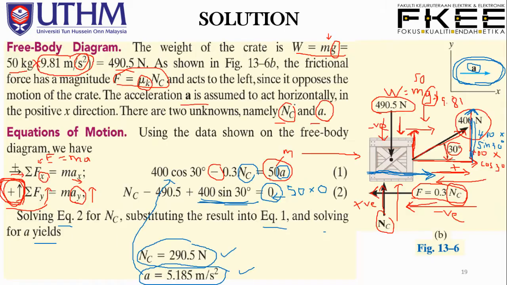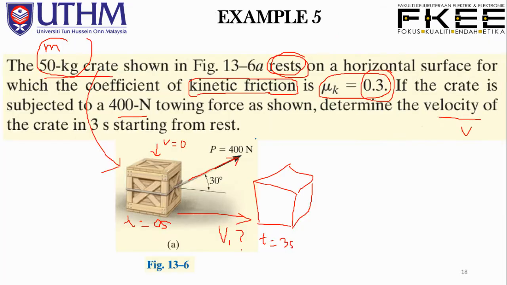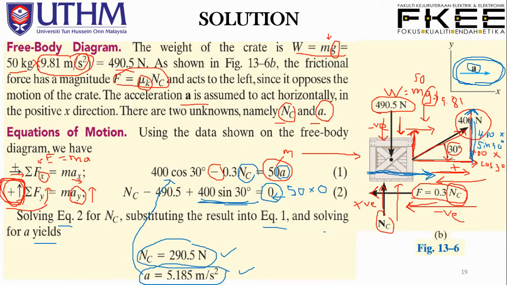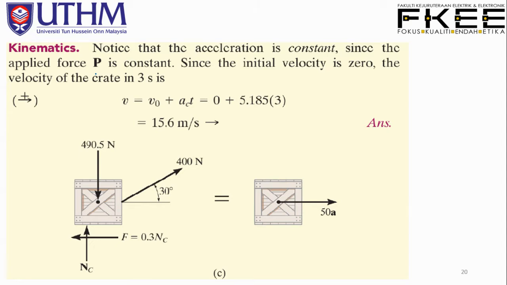The applied force P is 400 in the beginning, and that causes an acceleration, and this is also a fixed value. P is constant, and the initial velocity is 0. This is what I have explained earlier.